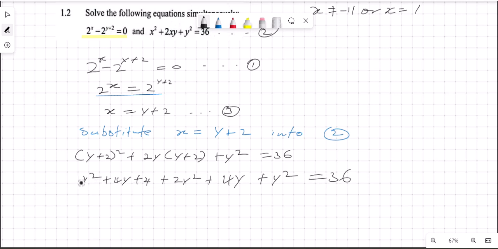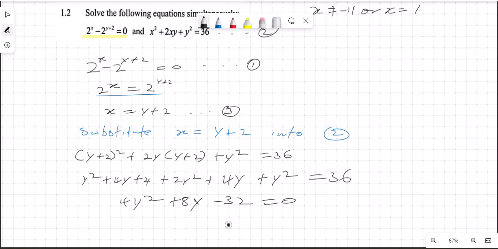Then adding like terms, y squared plus 2y squared is 3y squared, plus y squared is 4y squared. Then 4y plus 4y is 8y, and then 4 is alone here, so I take 36 to the other side. Then I have 4 minus 36, that is negative 32, equals 0.